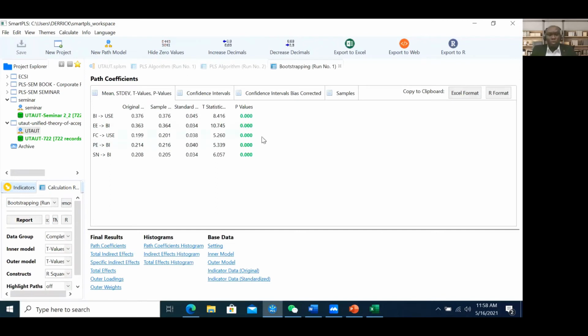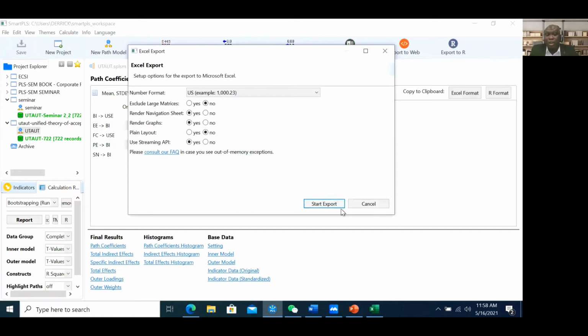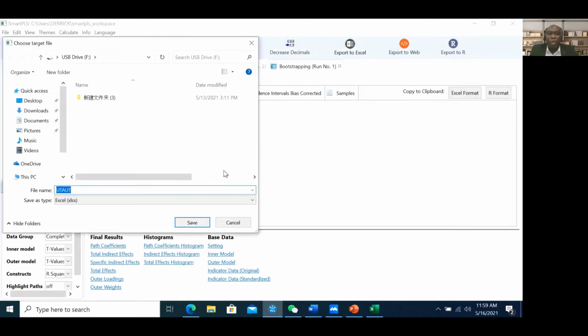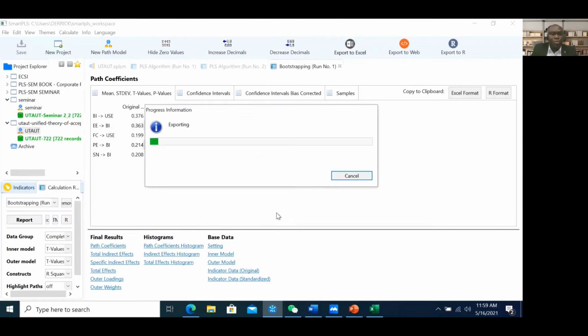Now we have our bootstrapping report. You can export it to Excel as we did for the PLS algorithm. It's going to take some time.